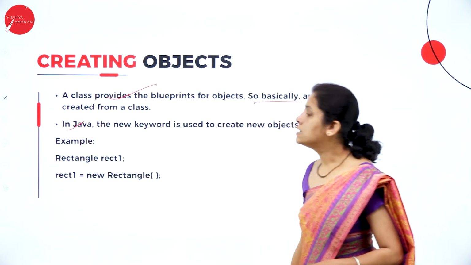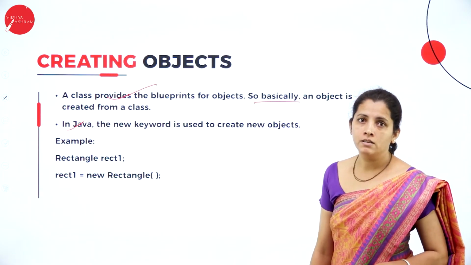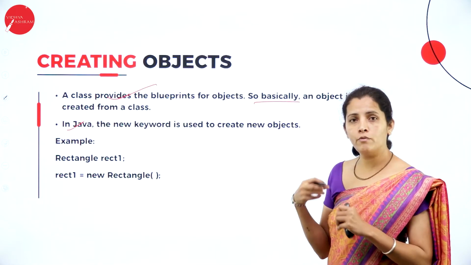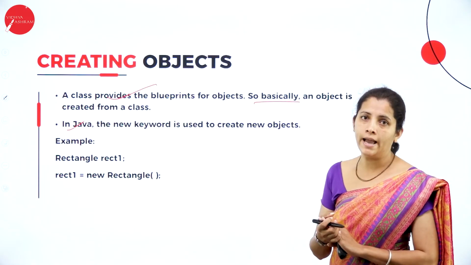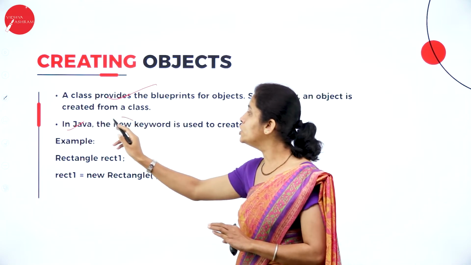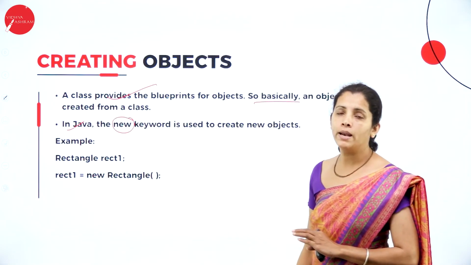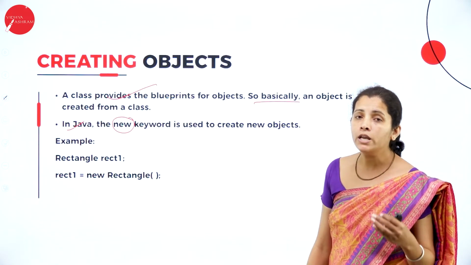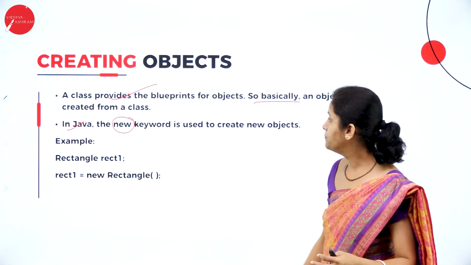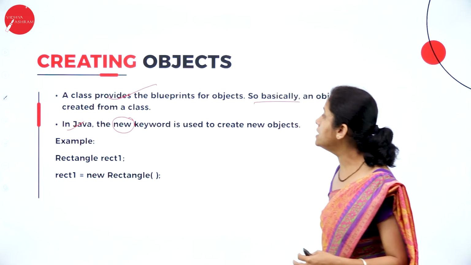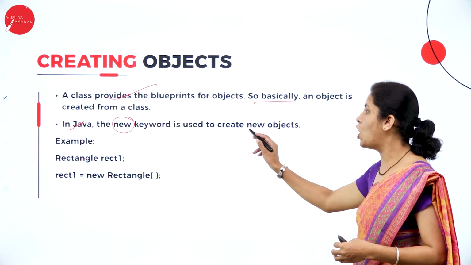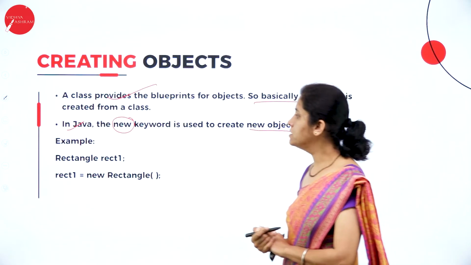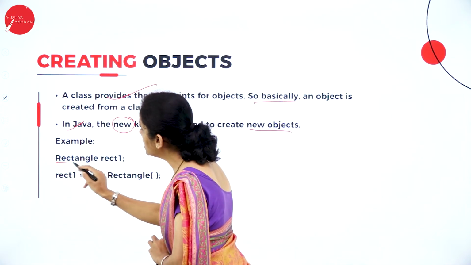In Java, if I want to create an object, I'm going to use the new keyword. And when I create the object, the memory is allocated. So the new keyword is used to create a new object. Now see here, what is my class name?